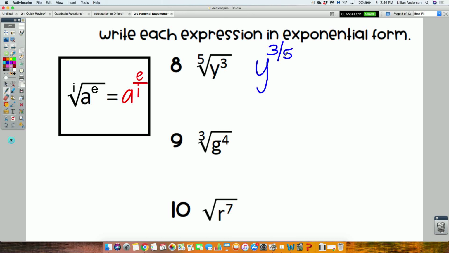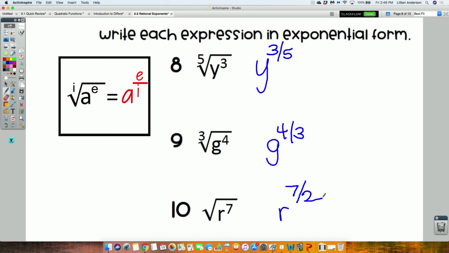What about number 9? 4 over 3. Again, the index is always the denominator of that fraction that's in your exponent. And what about 10? 7 over 2. Remember, with no index, that's automatically 2 because it's a square root.